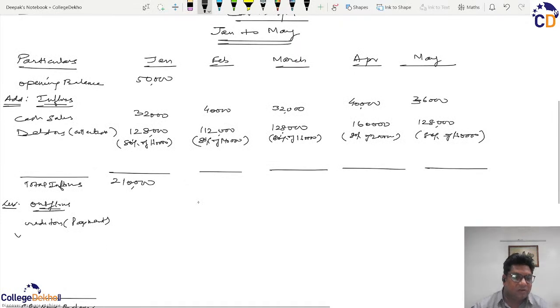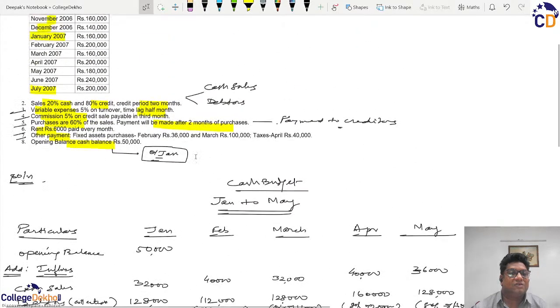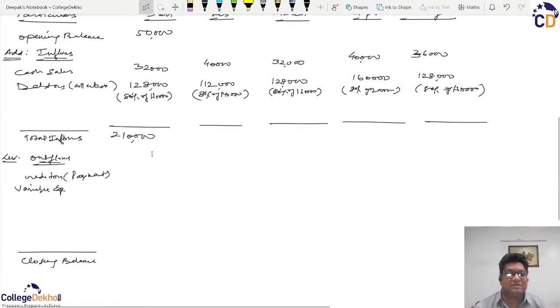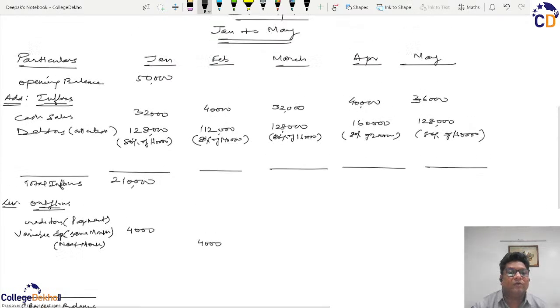So we will have this first payment of variable expenses, which is 5%. तो जनवरी की सेल का 1,60,000 का 5% 8,000 बनता है. तो ये वेरिएबल एक्सपेंस दो तरीके से पे हुए, एक तो सेम मंथ में पे हुए और एक नेक्स्ट मंथ में पे हुए. तो 160 का 5% 8,000, 4,000 जनवरी में पे होगा, 4,000 फरवरी में पे होगा.